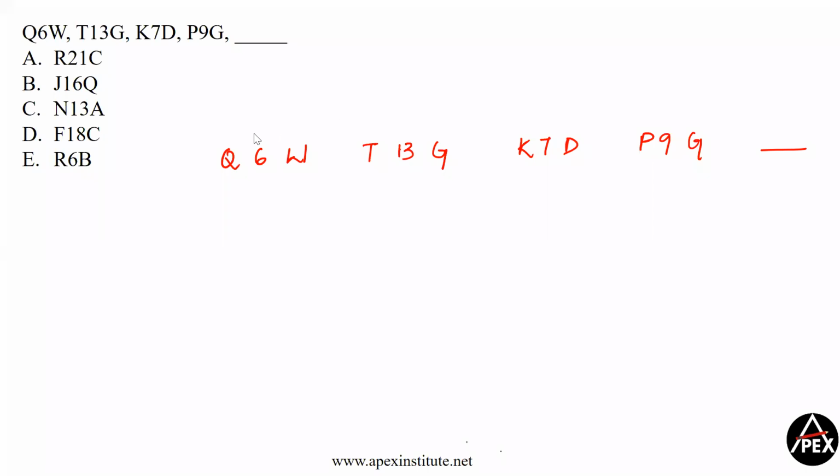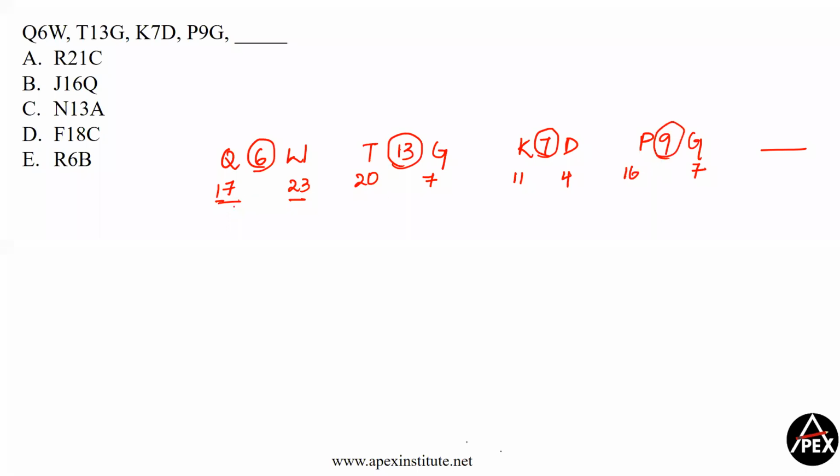So the number corresponding to Q is 17, W is 23, T is 20 and G is 7, K is 11, D is 4, P is 16 and G is 7. Now my first observation is the difference between these two numbers is the middle number, isn't it? So 23 minus 17 is 6, 20 minus 7 is 13, 11 minus 4 is 7, and 16 minus 7 is 9.